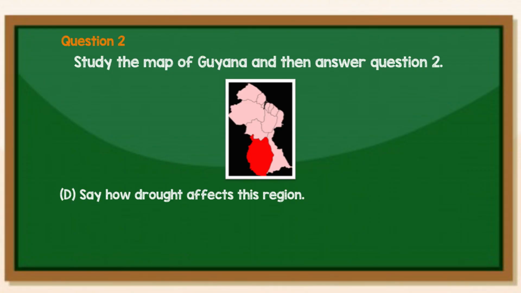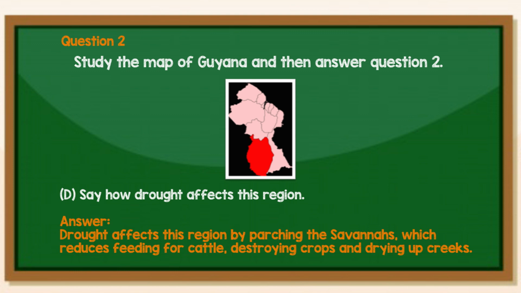D. Say how drought affects this region. Drought affects this region by parching the savannas, which reduces feeding for the cattle. So that's one way drought affects that region. Another way is by destroying crops and drying up creeks. So those are two other ways drought affects this region.